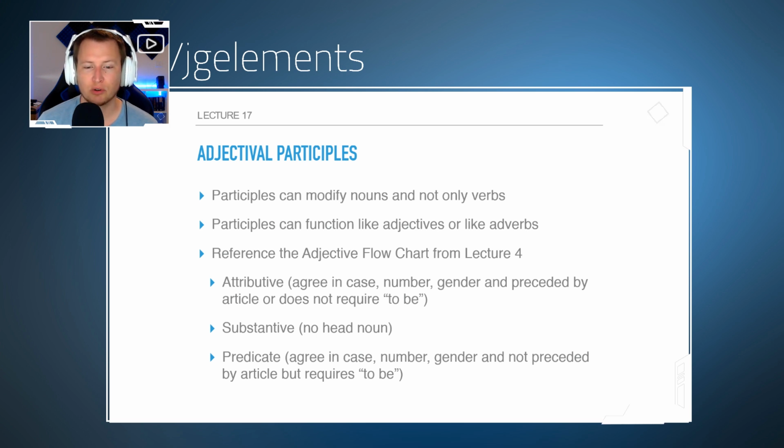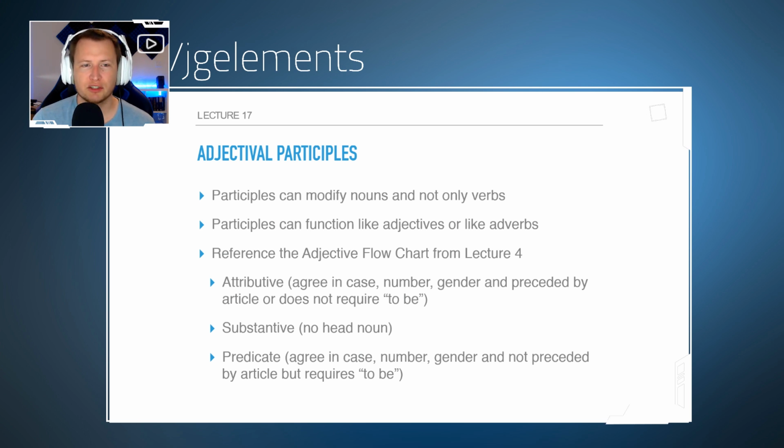And when this happens, it requires to be. So you might have a verb about being righteous, to be righteous there. But it's a participle. And it's agreeing in case, number, and gender, but modifying si, you. And that would be predicate.